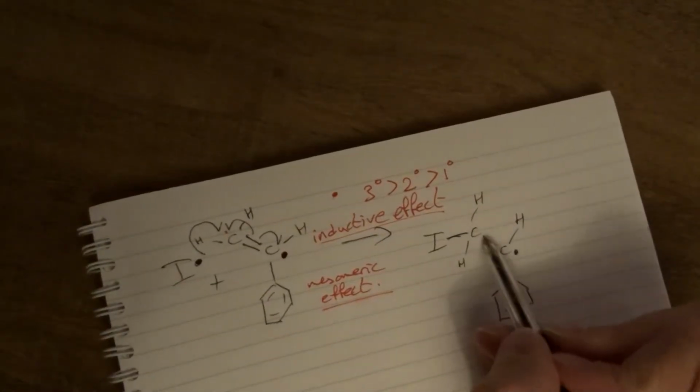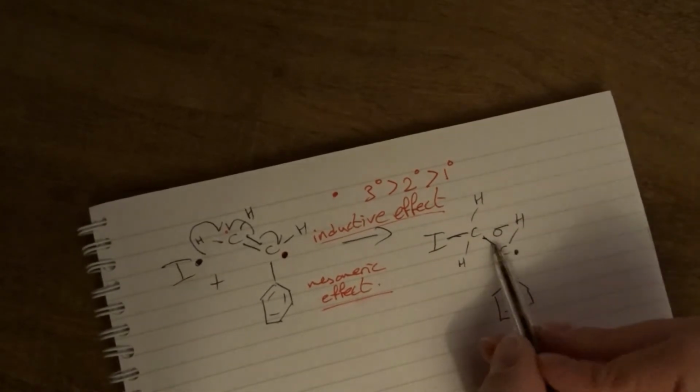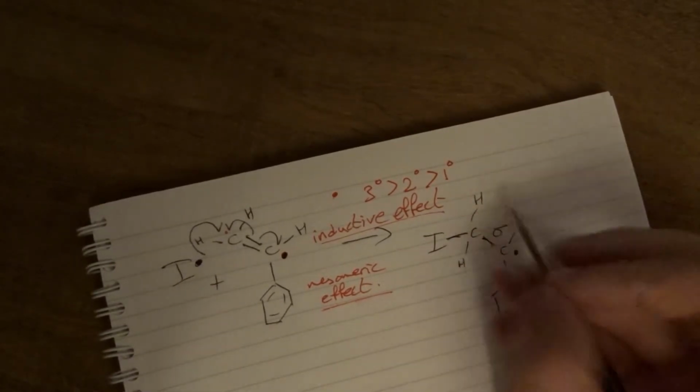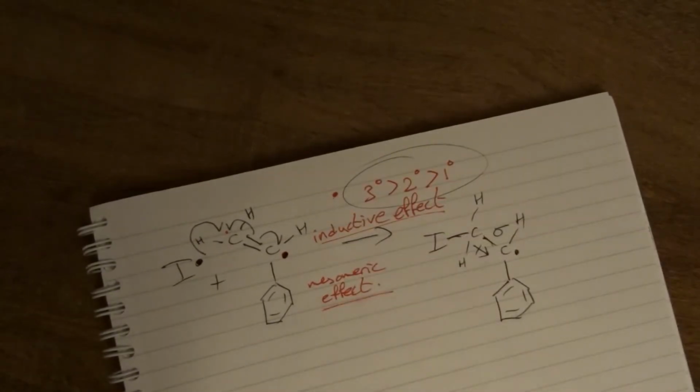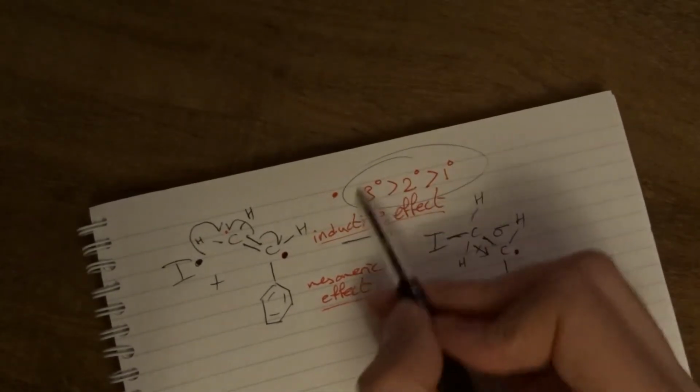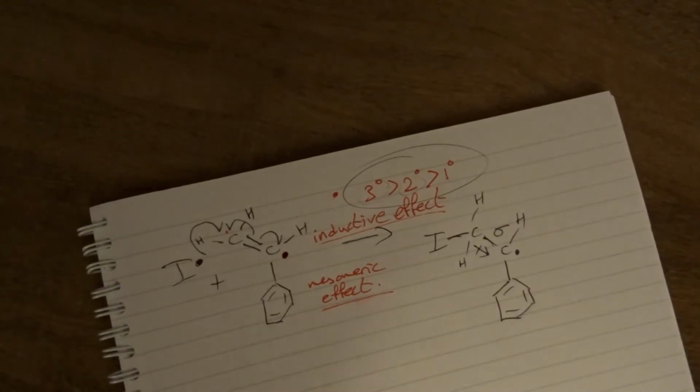So this is a sigma bond, and inductive effects will go through the sigma bonds for stabilization. And know this one, this is the tertiary, secondary, that are quite good structures to stabilize radicals.